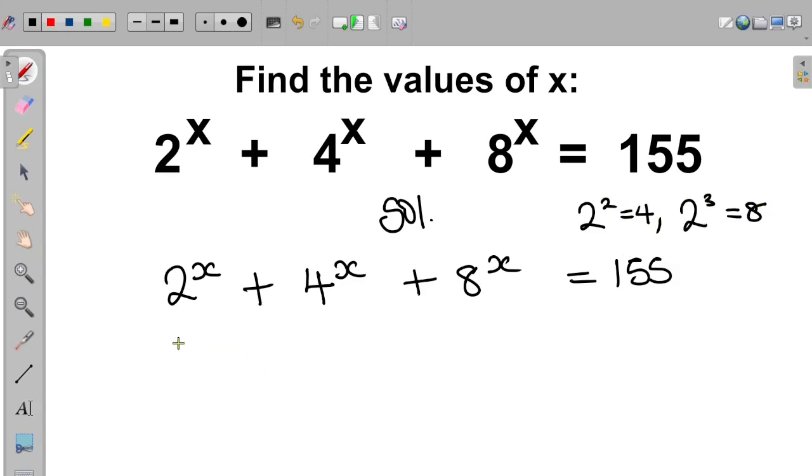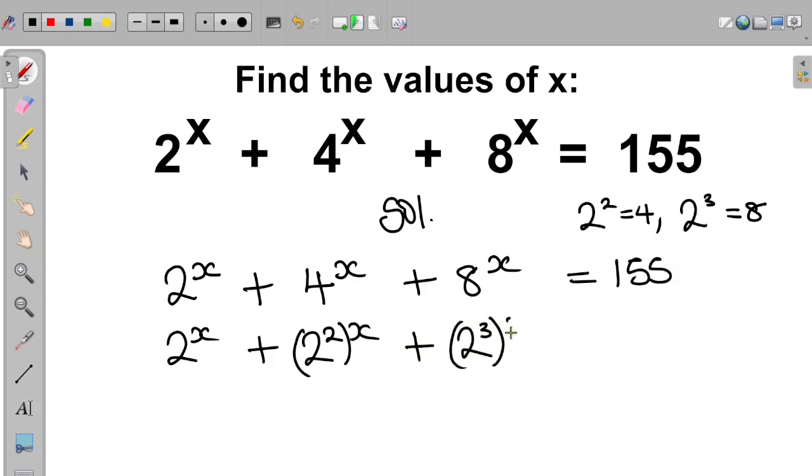So we have this to become 2 to the power of x plus 2 to the power of 2 all to the power of x plus 2 to the power of 3 all to the power of x is equal to 155.